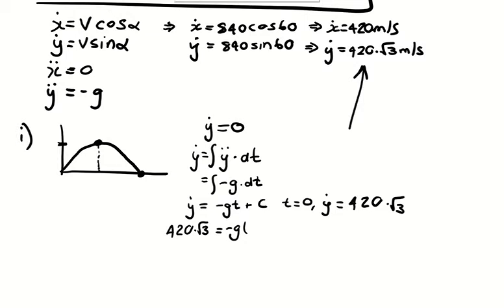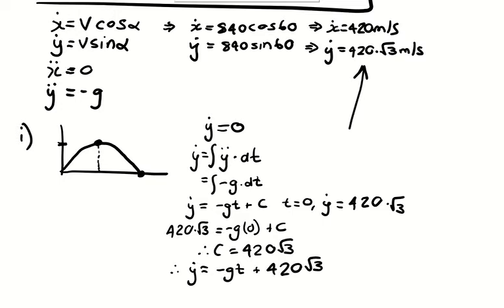Usually though, they will mention it. So therefore c is equal to 420 root 3. So therefore my y dot is represented as negative gt plus 420 root 3.